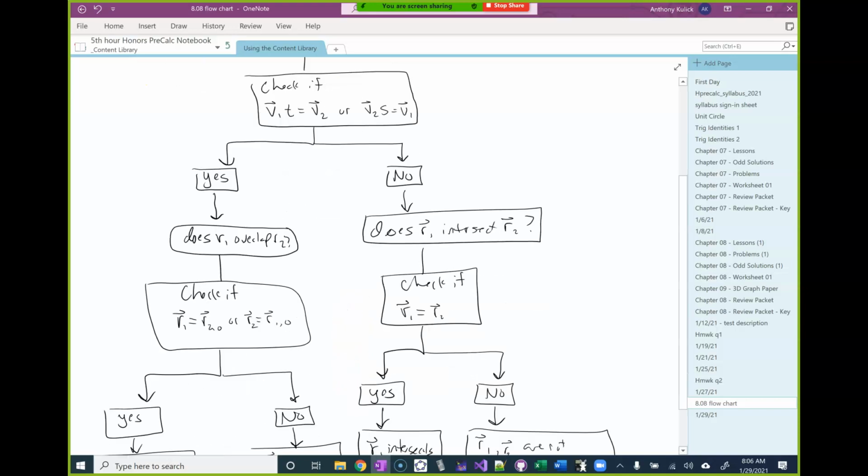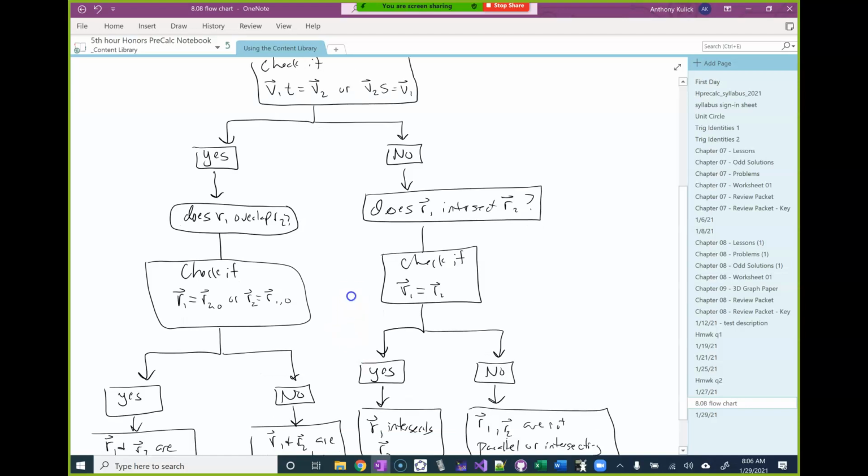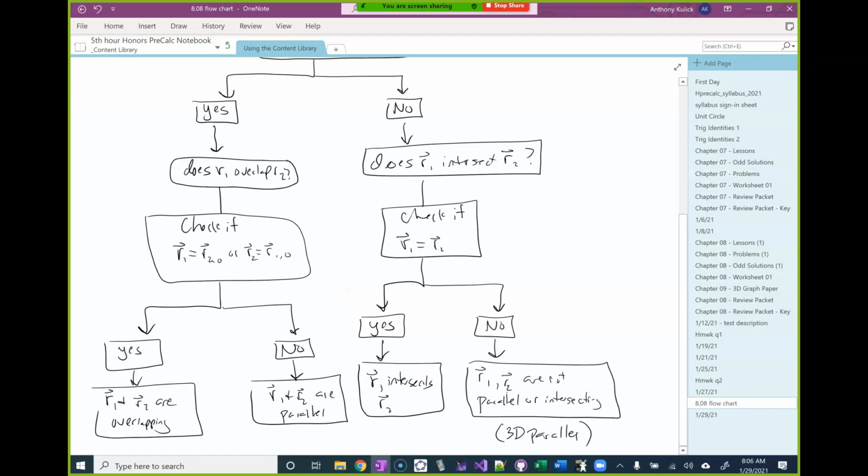So to do that, we want to check, does R1 overlap R2? And the way you do that is you take the point vector from either equation and plug it into the other equation and see if you can solve for the S or the T. If that works, then the 2 lines are overlapping, and if it doesn't, we say they're parallel.